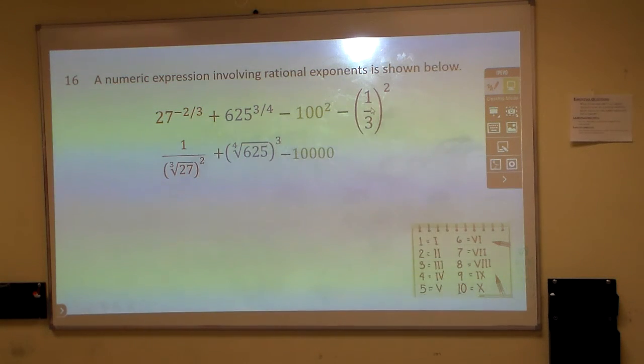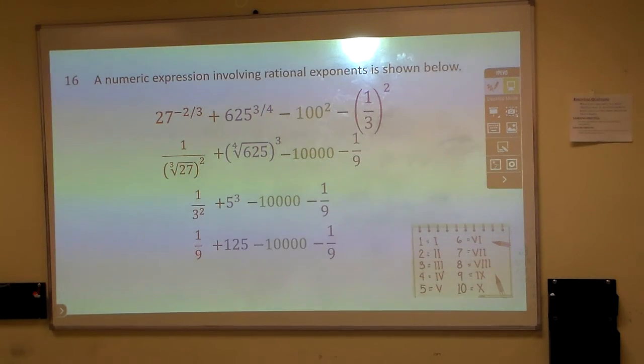And here, this will be to the 1/3. I'm just going to square it, which is 1 times 1 and 3 times 3, which is 9. So I'm going to come back over here. The cube root of 27, I know is 3. I'm going to square it, makes 1/9. Oh, and the 4th root of 625, I think we had it earlier, was 5, which I'm going to cube. The other two haven't changed. So I have 1/9 plus 125 minus 1/9.